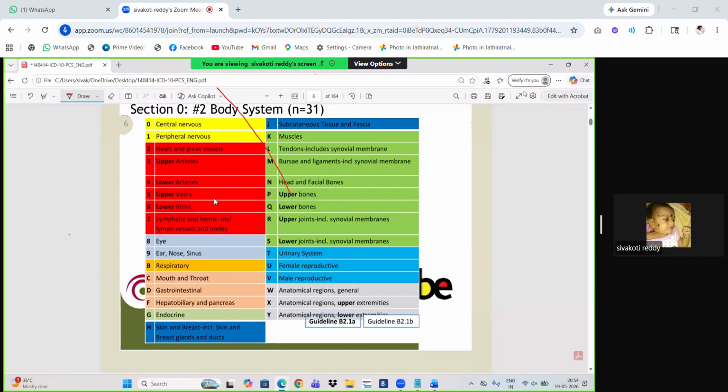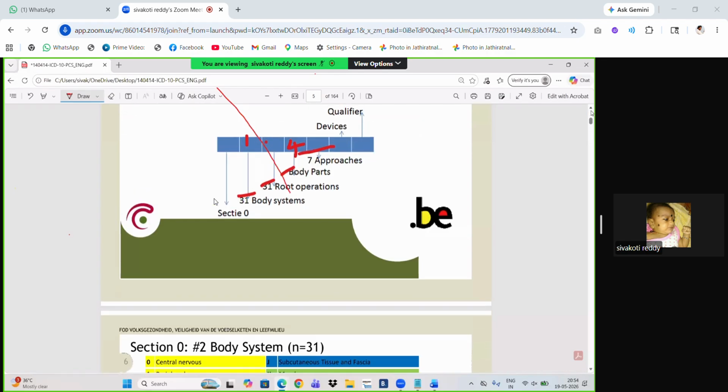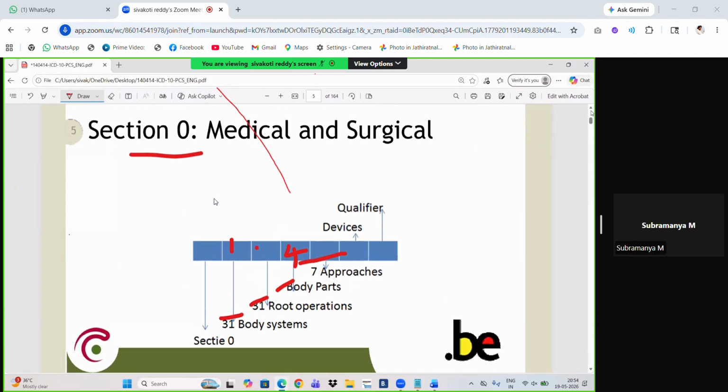Fifth character. Yes or no, guys? Did you understand the fifth character? Yes. Next, sixth character, device, note down. Sixth character, devices.